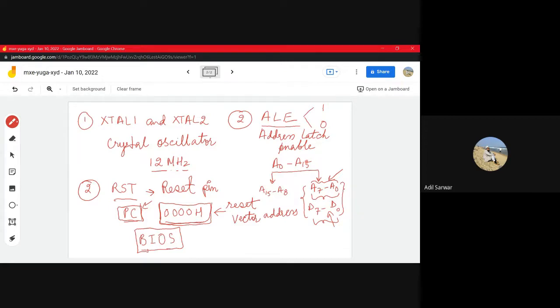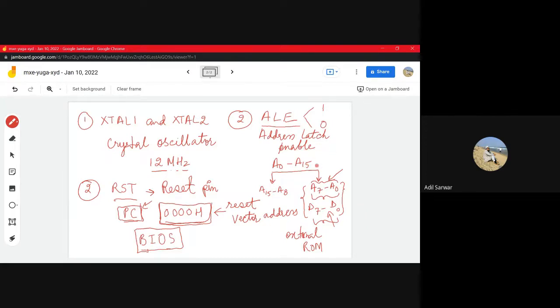And I should tell you here that the address bus and data bus are normally required when we are doing programming with external RAM and external ROM. In that case, we require sending the address data.